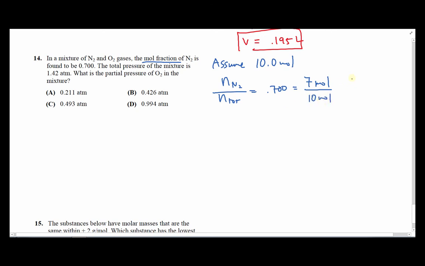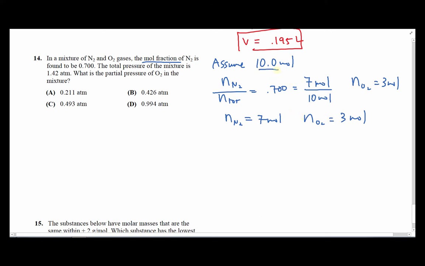So how many moles of oxygen? We have 3 moles because there is nothing other than nitrogen and oxygen in the system here. So this is going to be important. I'm going to write down the number of moles of nitrogen is 7 mole, and number of oxygen is 3 mole, because I assumed that to be 10 mole.